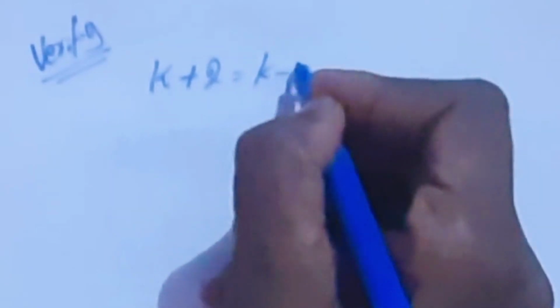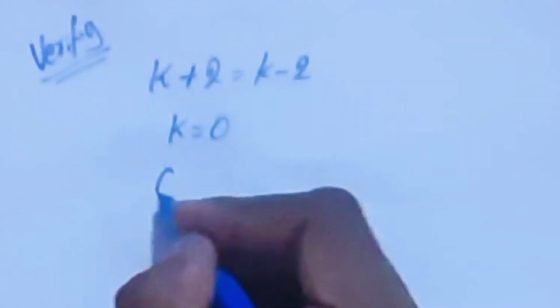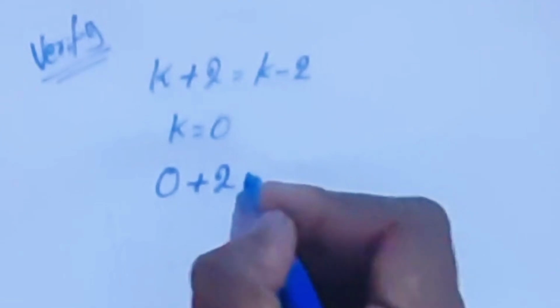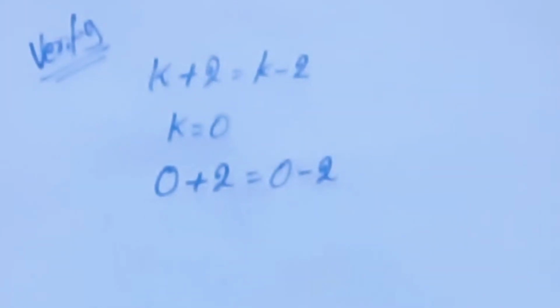Now we are going to verify this k value with the given equation, k plus 2 equals k minus 2. Here the k value is 0. Applying this here, so 0 plus 2 equals 0 minus 2 on the right hand side.